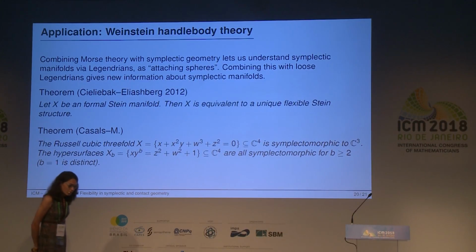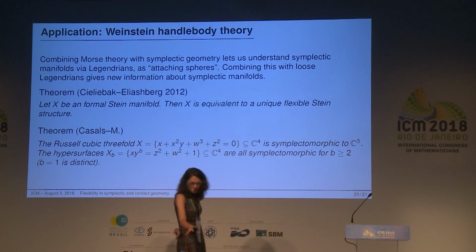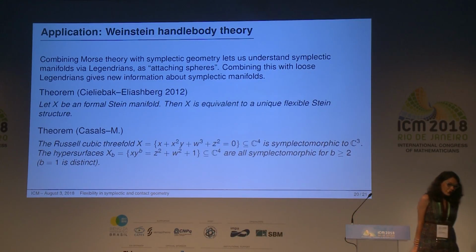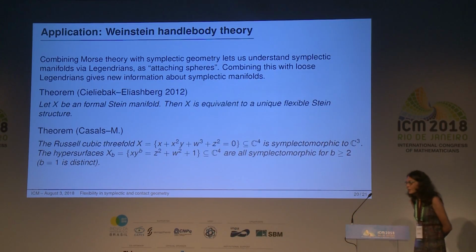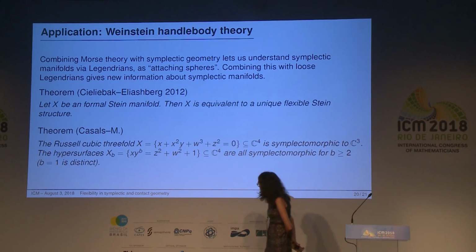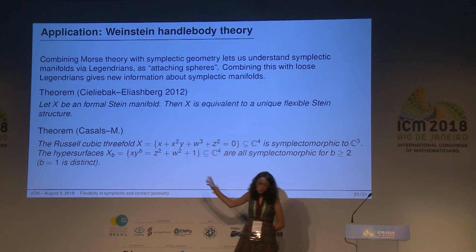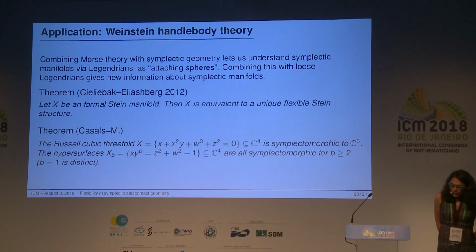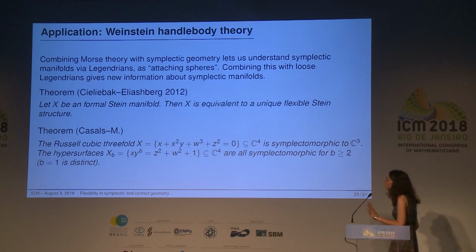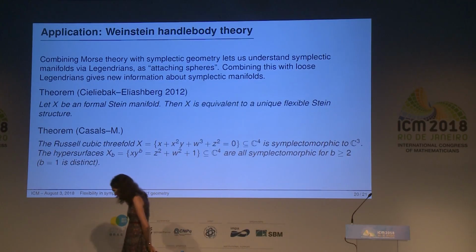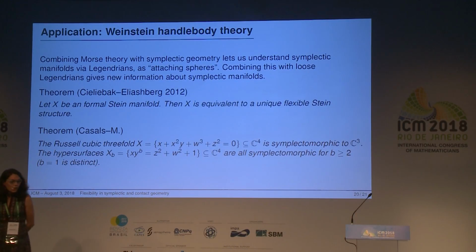For b a positive integer, they're all symplectomorphic to each other, except for the case where b equals 1, in which case, of course, this is just the affine quadric. You would never suspect that this is true without this flexibility theory guiding this.